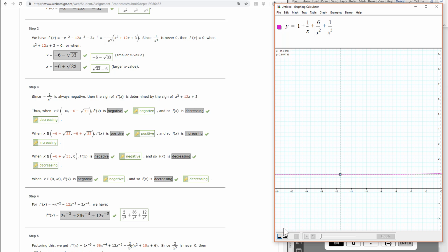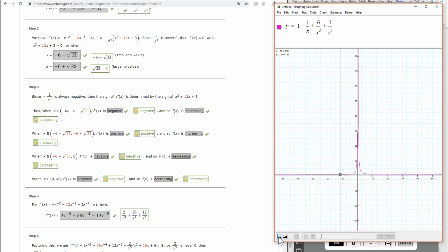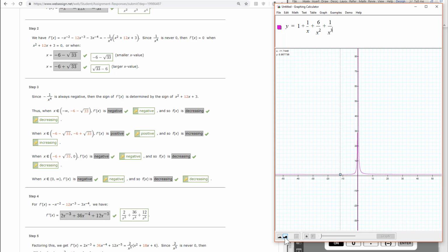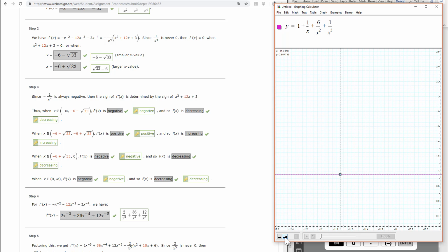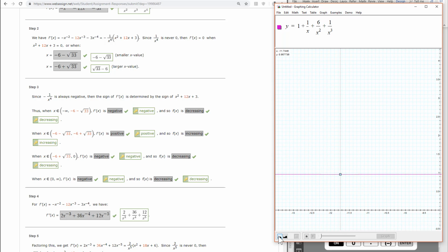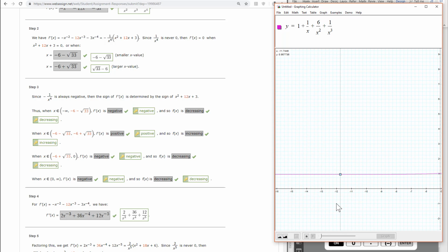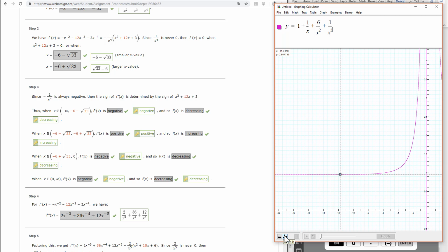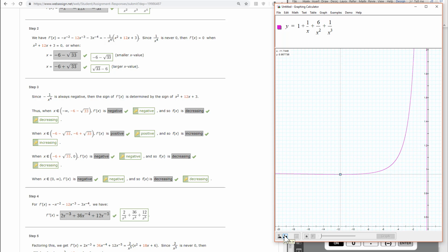The reason I like this program is it allows me to quickly zoom in and zoom out. If we zoom out, it's hard to see. If we zoom in, it's hard to see. So I'm going to see if I can compress this a little bit. I'll compress it in the X, and then I'll make it wider in the Y, so I'm stretching out the Y-axis.